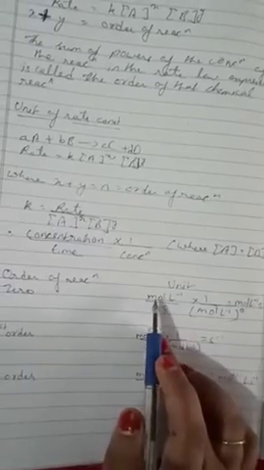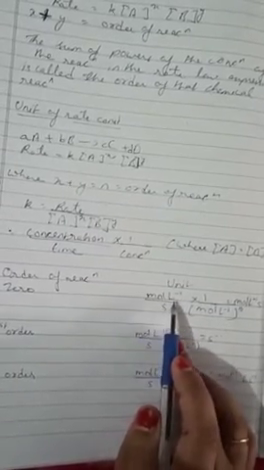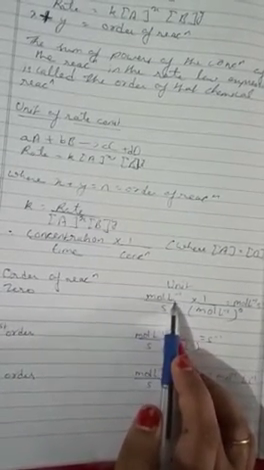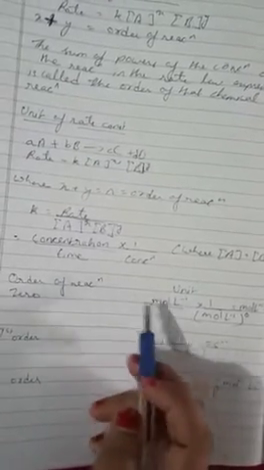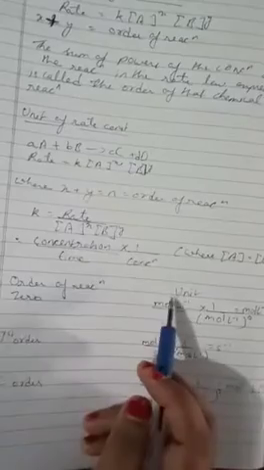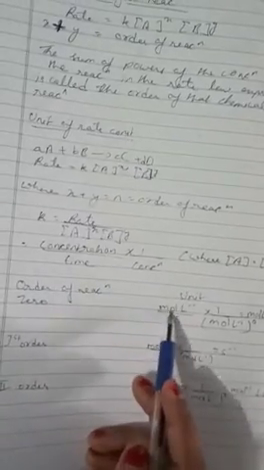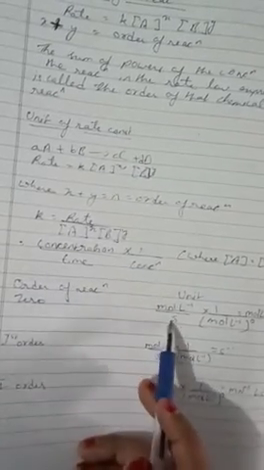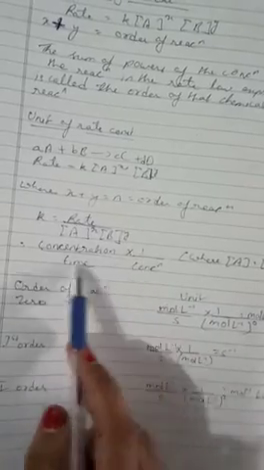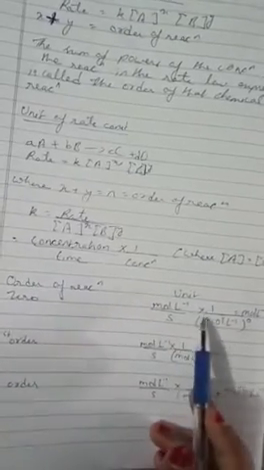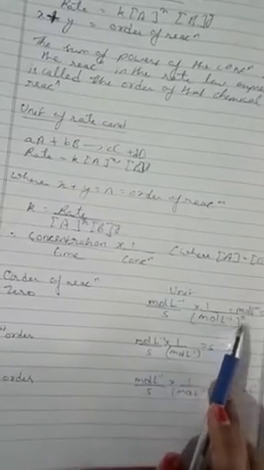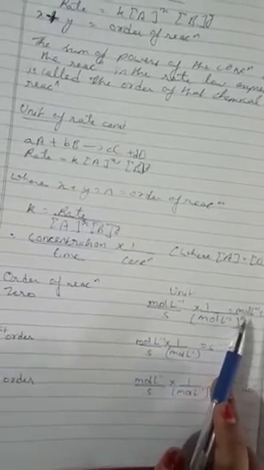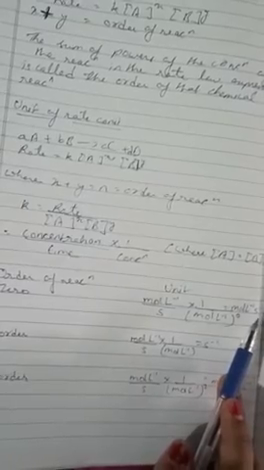We put the unit of concentration, moles per liter, upon the time taken, seconds, and 1 upon concentration, moles per liter, so we get mole liter inverse second inverse.